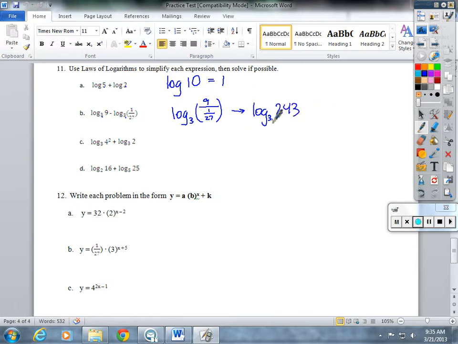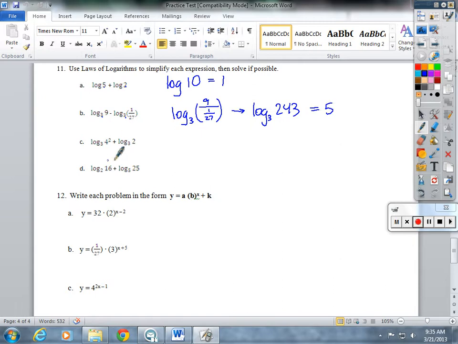Then 3 to what power equals 243. That's what you would do to figure that out. Or you could always do your change of base, log of 243 divided by the log of 3. Either is fine, but that equals 5.